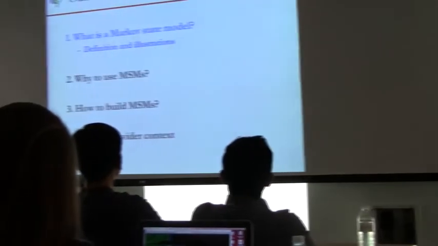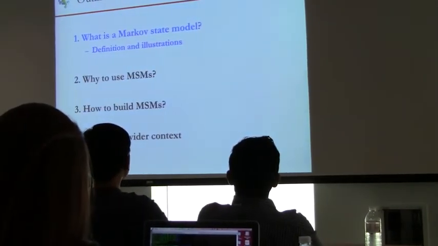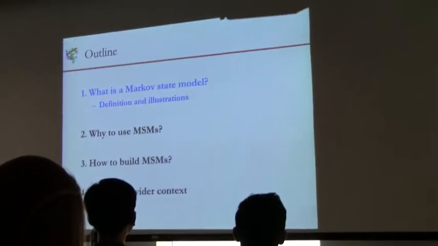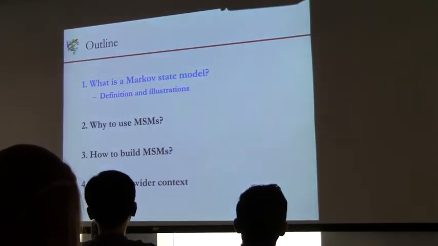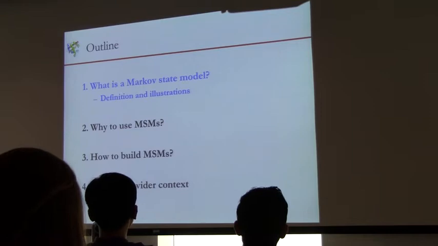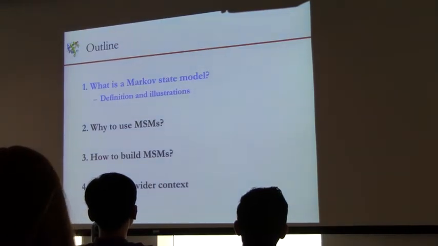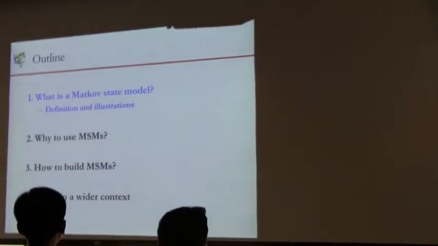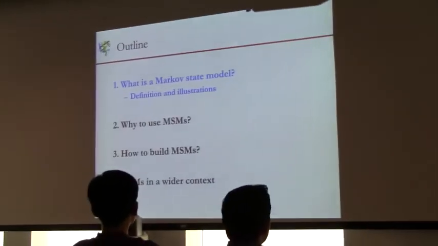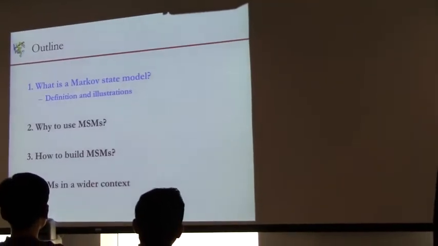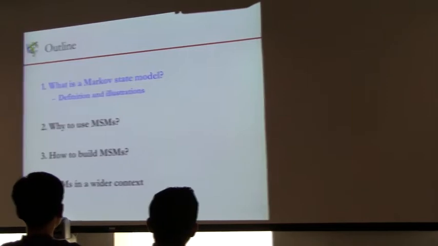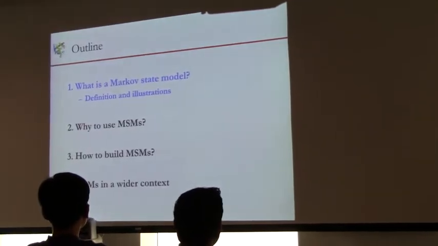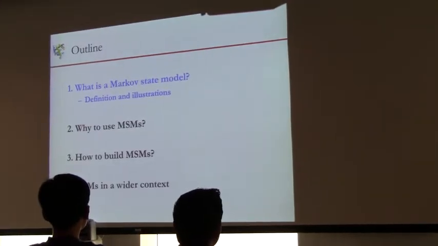First of all, I would like to remind you of the definition of the Markov State Model in a way that emphasizes the connection between coarse graining and Markov State Models. After that, let's ask ourselves, why should we care about Markov State Models? What are the advantages of using them? You will hopefully be thrilled after that and eager to build your own MSM model for your research project.